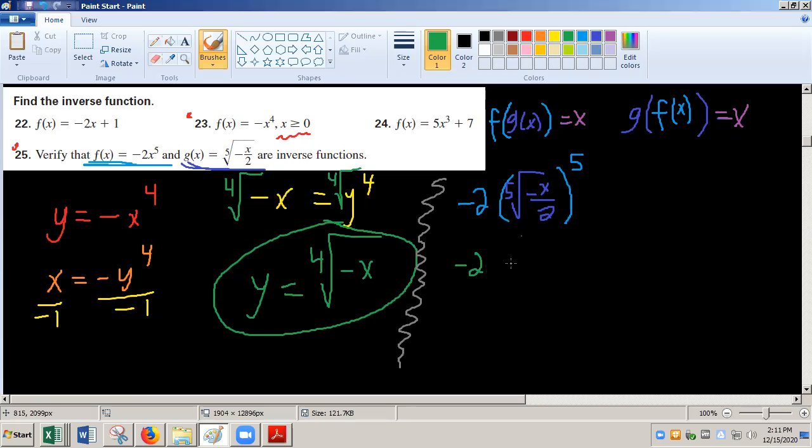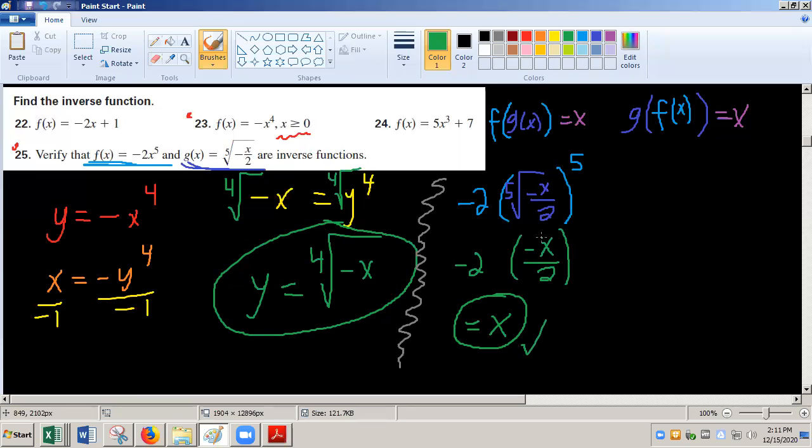So I'm just left with negative 2 times negative x over 2. I do some multiplication here. The negatives cancel off. The 2's cancel off. I'm just left with x. So we're good to go on half of this thing.